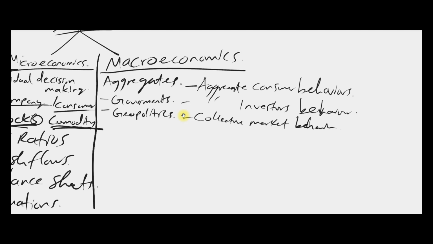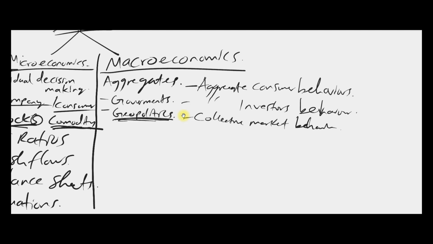This is where we talk about governments, and when we talk about geopolitical factors, this falls under macroeconomics. Because I won't get another chance, I don't think we'll cross with geopolitics anywhere else, so let me talk about it now.